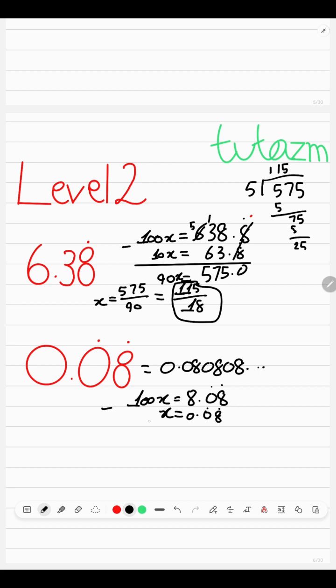If we would have multiplied it by 10x, it would have given us 0.80, which would have made it more difficult to subtract. So in here we'd have 99x, and then these would cancel out, we'd be left with an 8, so x would be equal to 8 over 99, and that is our final answer.